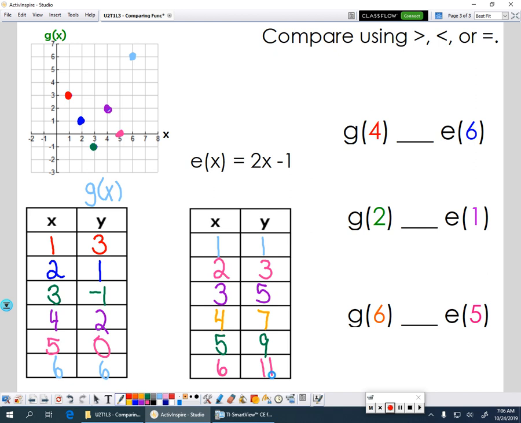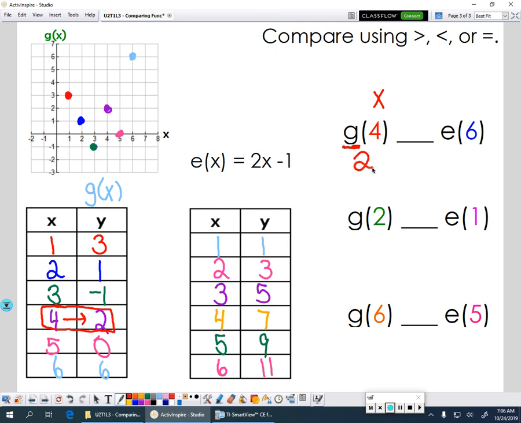All right, so now that I have these two tables filled out, now I can use my graph table and my equation table to figure out these values. So remember, these are my x values. What I'm looking for is y. So for g of 4, g is for my graph. I'm going to come over to my graph, figure out where my x value is 4, and my y value is 2.